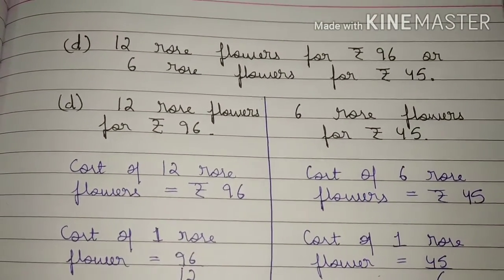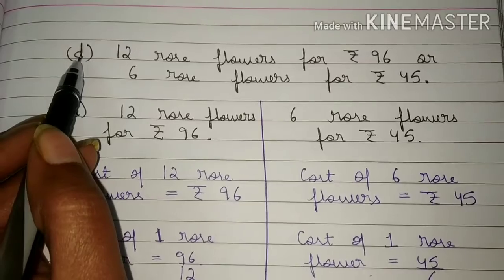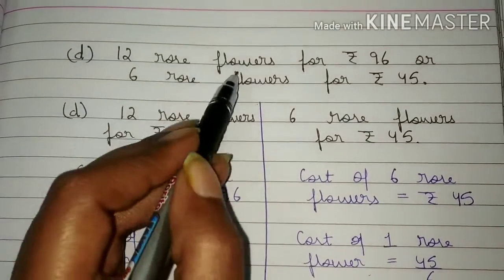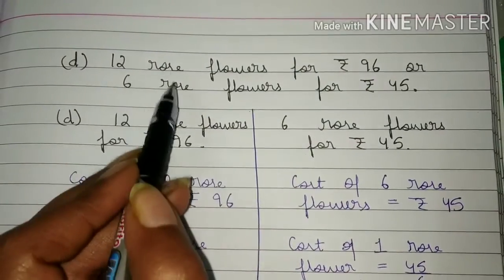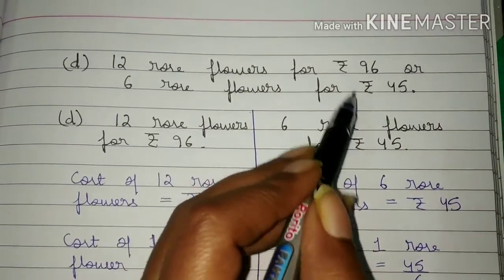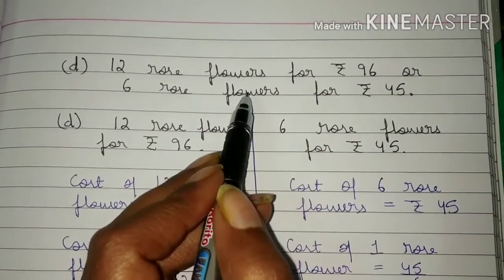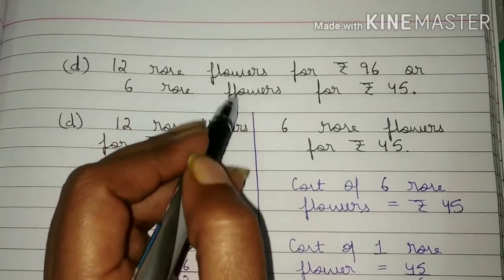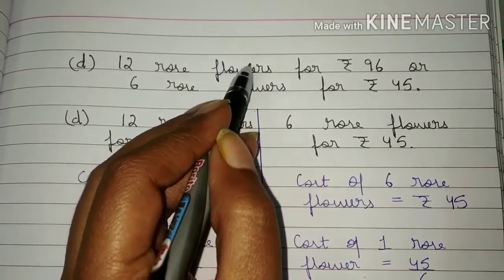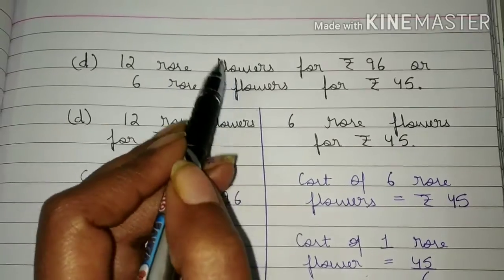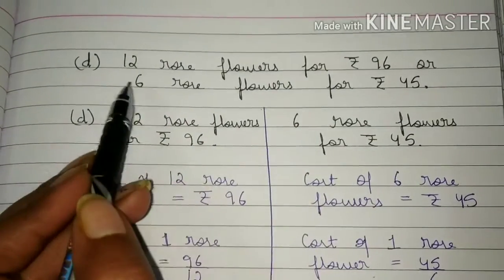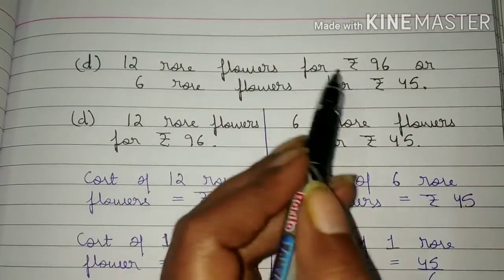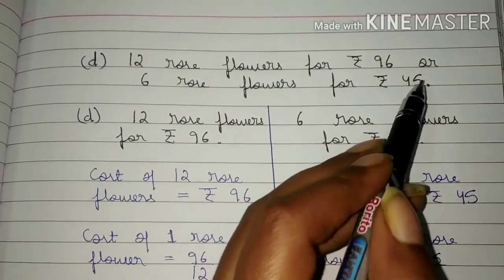Now come to D part. Question is 12 rose flowers for rupees 96 or 6 rose flowers for rupees 45. In this question, two deals are given to you. First deal is 12 rose flowers for rupees 96 and second deal is 6 rose flowers for rupees 45.